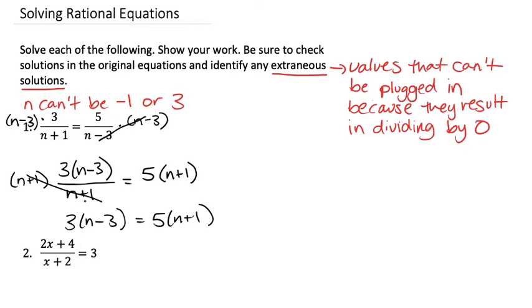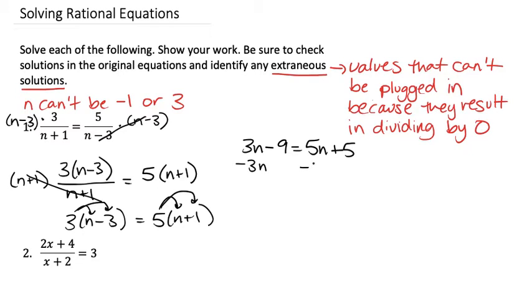Now, the next step in getting n by itself would be to distribute. So that's going to give me 3n minus 9 equals 5n plus 5. This is regular solving equations now, like we've done in the past.